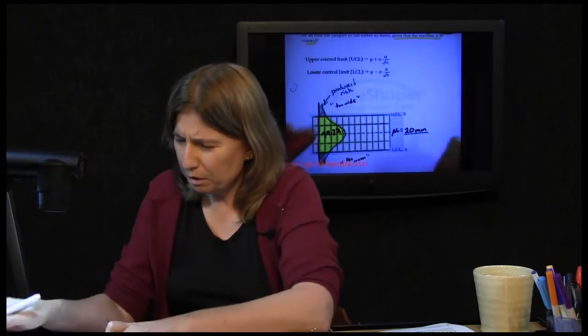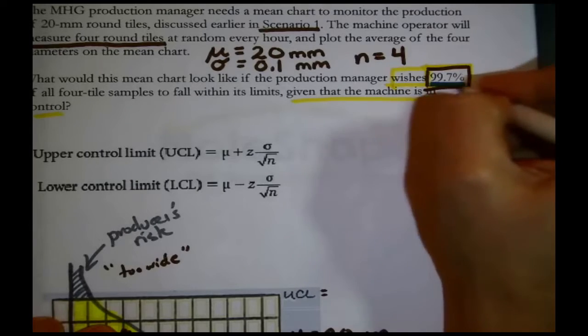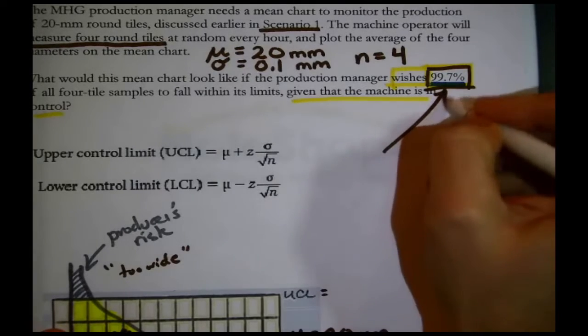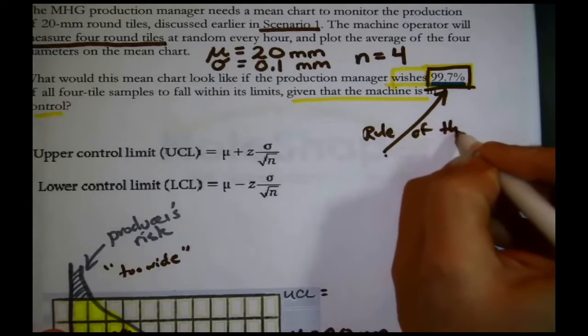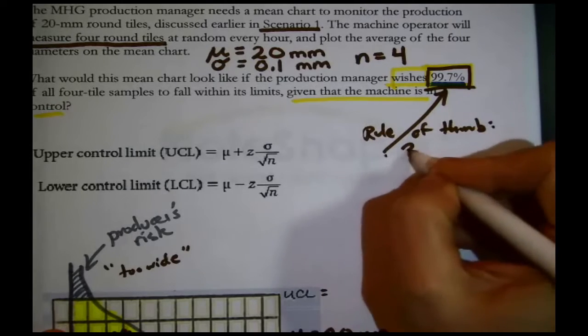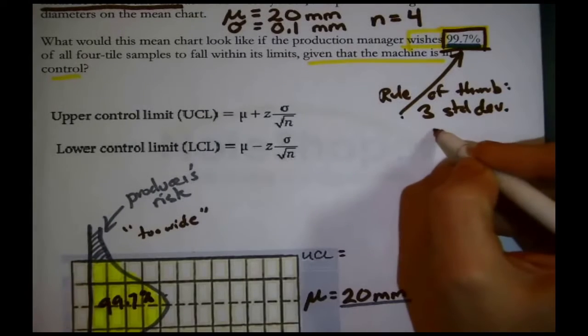Okay, that's a defining characteristic of the normal distribution. You say, huh? They happen to be asking for 99.7%. Rule of thumb, that is 3 standard deviations from mean.